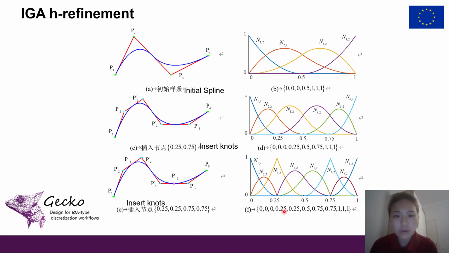Repeated knots reduce the continuity of the basis function at the location here, but it still keeps the same shape. This allows local refinement while preserving the exact geometry, which is particularly useful for accurately capturing the contact stress.